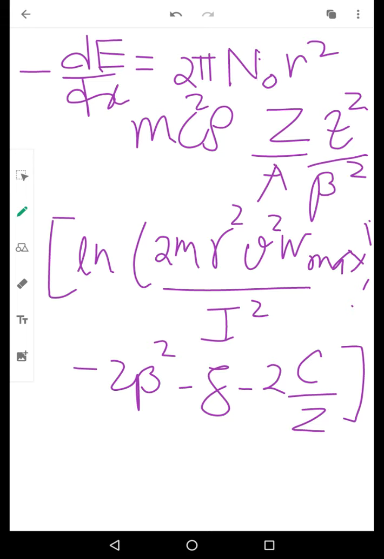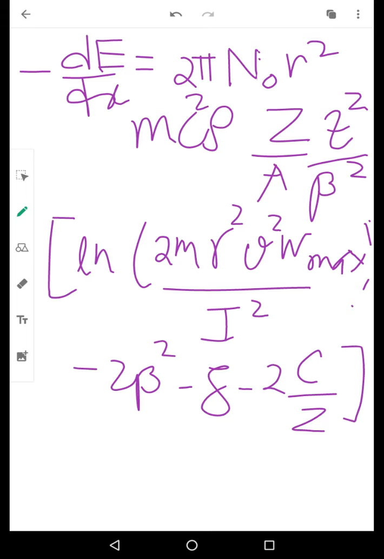r means here the classical radius of the electron, which has already been calculated in electromagnetism, and that comes out to 2.81 Fermi.